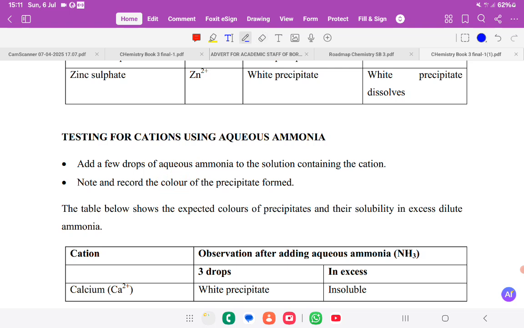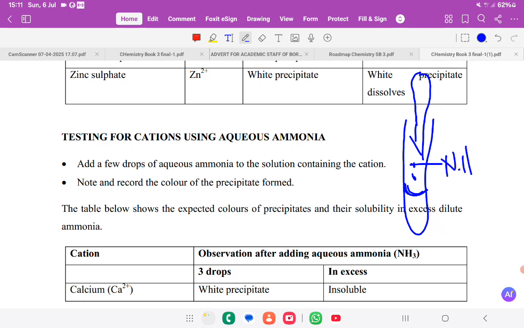Suppose we have a solution in a test tube which is suspected to contain the cation of interest, and then you add a few drops of ammonia to the sample using a dropper. Then you observe the color change.